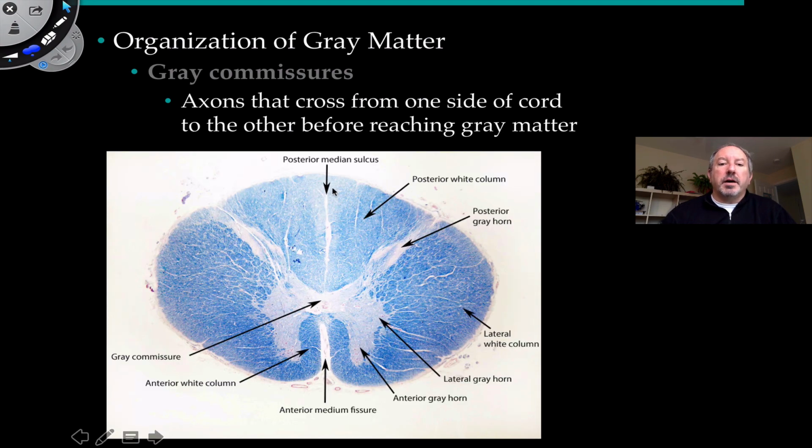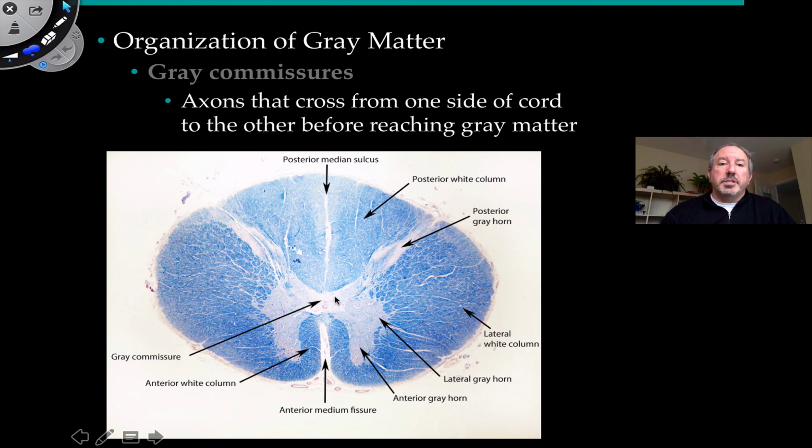And then this is a cool shot. This is under the light microscope. So this is a cross section of the spinal cord under, I would say, about 400 magnification under the light microscope, and you'll notice this bridge right in here is literally called that, the gray commissure.